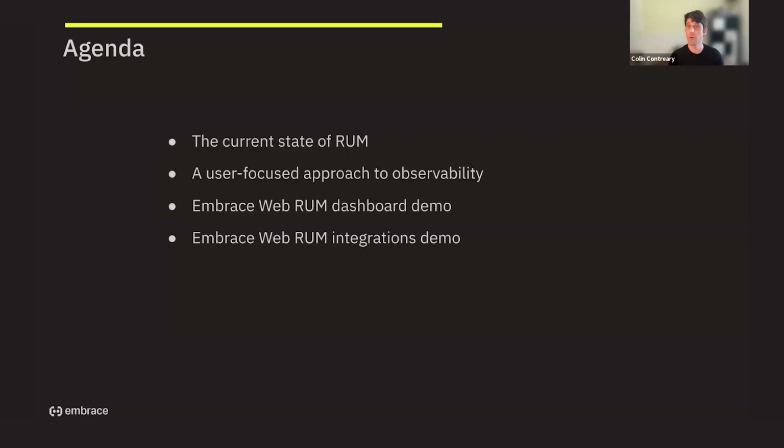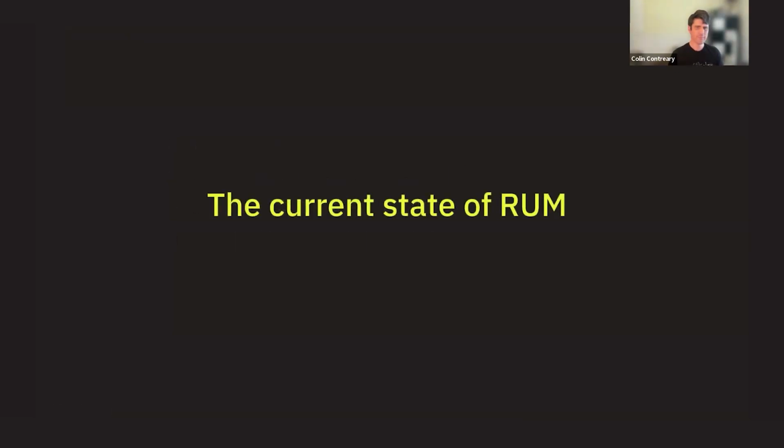And then we'll show a brief demo of the Embrace Web RUM dashboard and its integrations so that you can see how it connects technical performance to real user impact across web and backend so that your engineering teams can deliver fast, reliable, and exceptional digital experiences. So that's what we'll be covering today, and let's get into it.